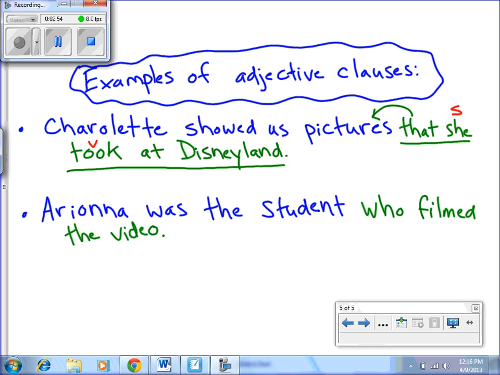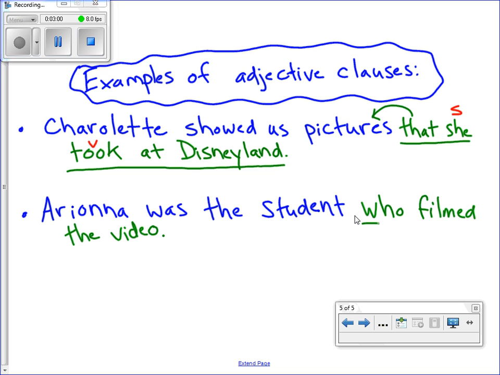Here's another example. Ariana was the student who filmed the video. Who filmed the video is our adjective clause. We know it's a clause because we have our subject.